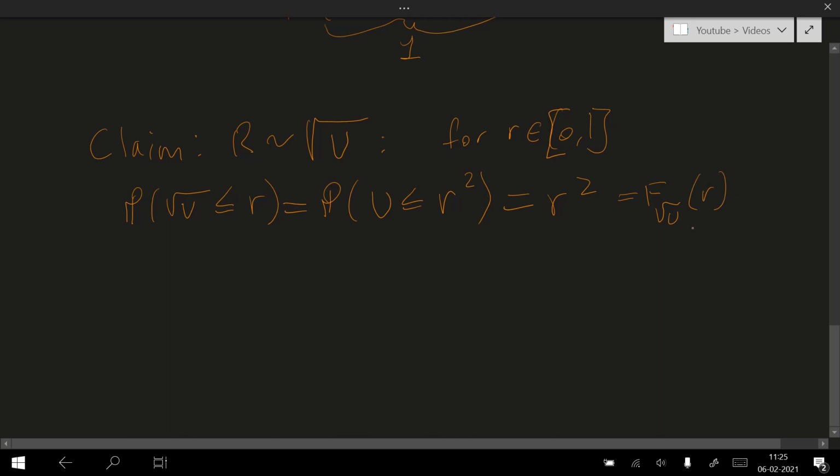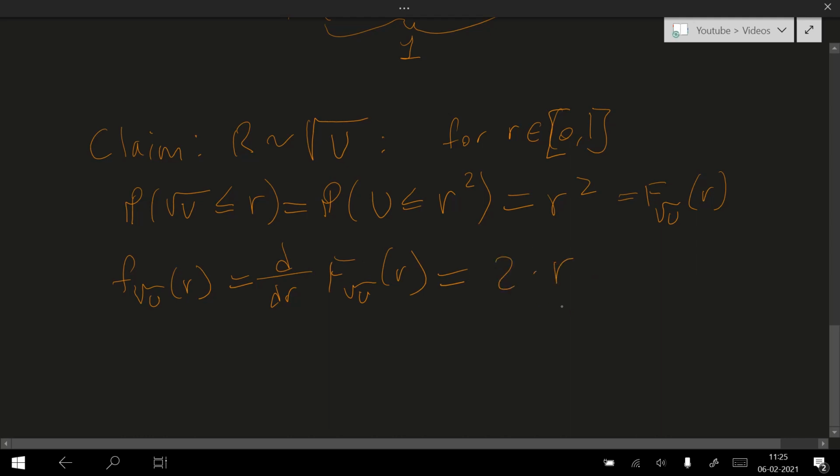So to get the density f square root u of r, we have to take the derivative with regards to r, which will then be 2 times r.